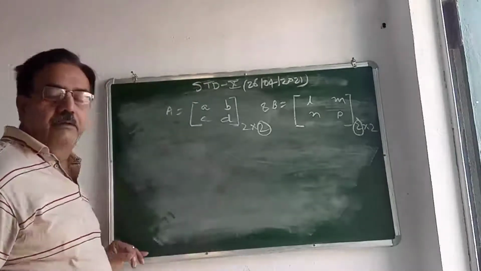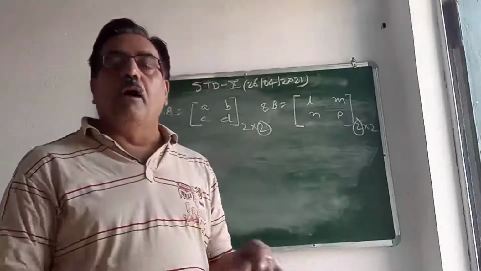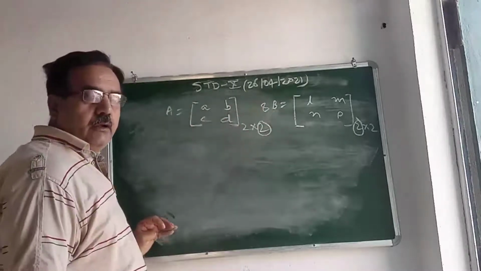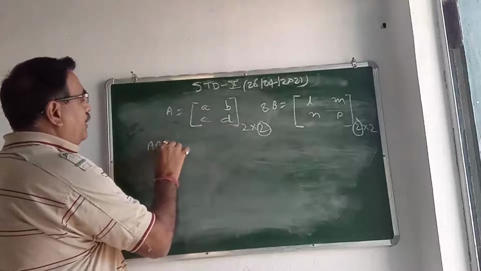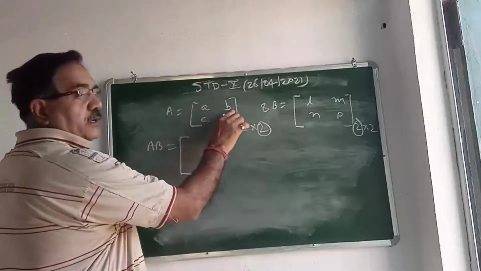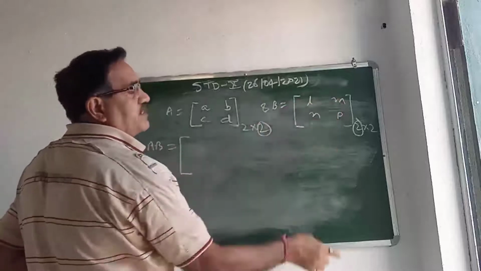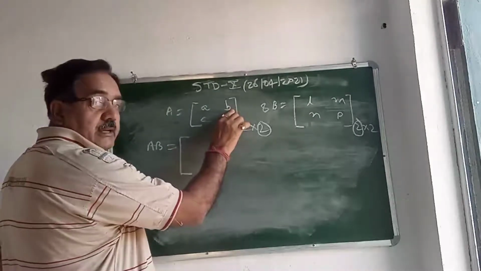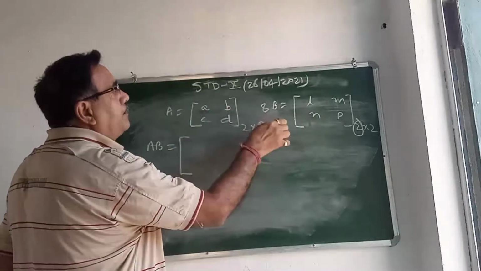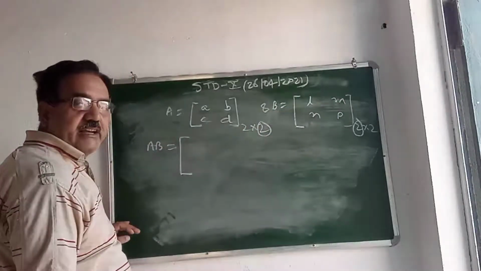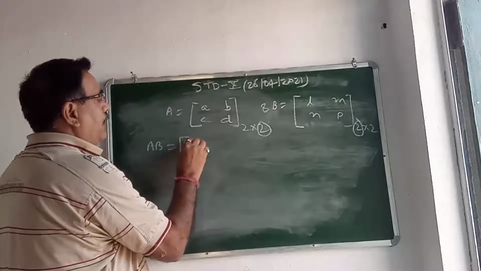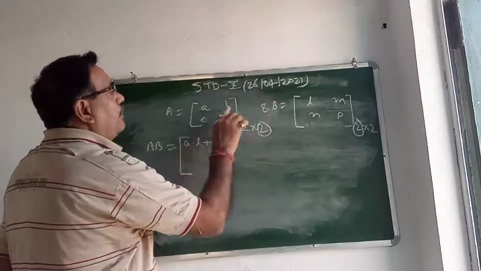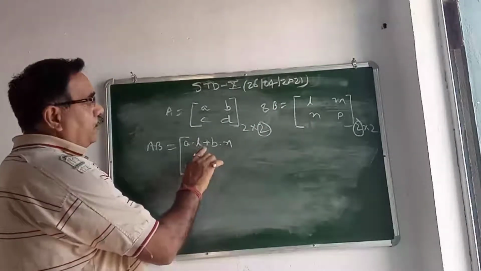After knowing whether multiplication is possible or not, how to multiply? Follow the general rule. That's why I am not taking digits; I have taken A, B, C, D. Take the row of the first matrix and multiply with the columns of the second matrix. How to multiply? A into L plus B into N, and you have to add.